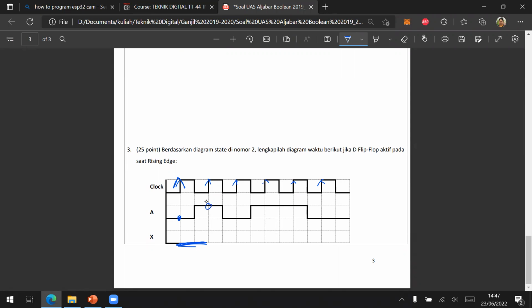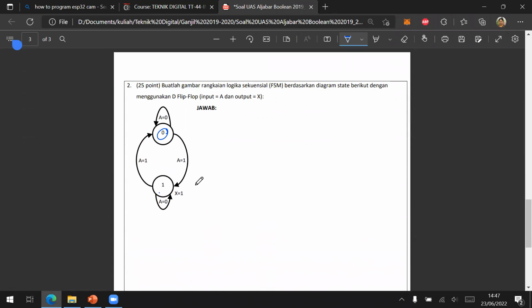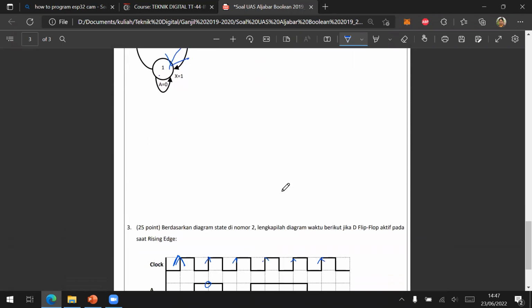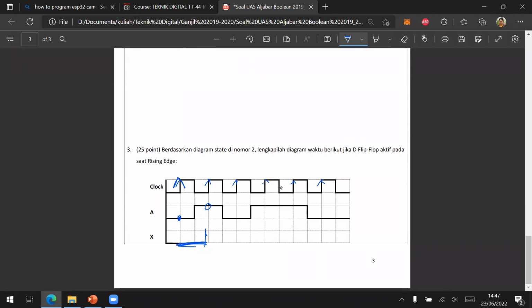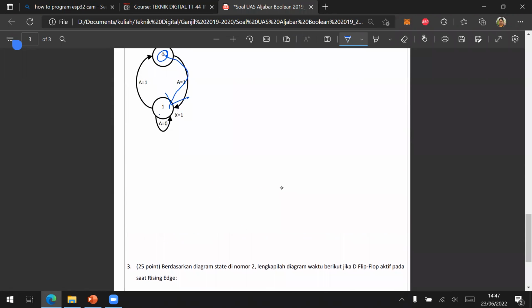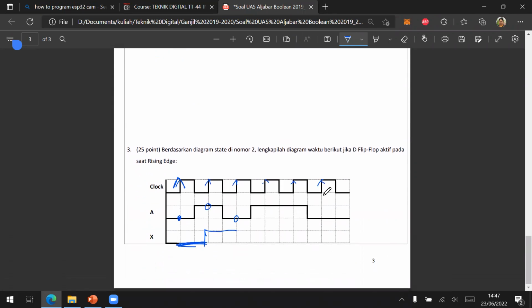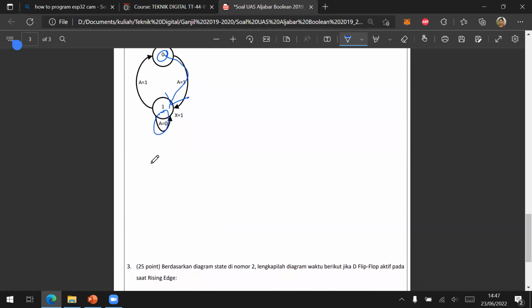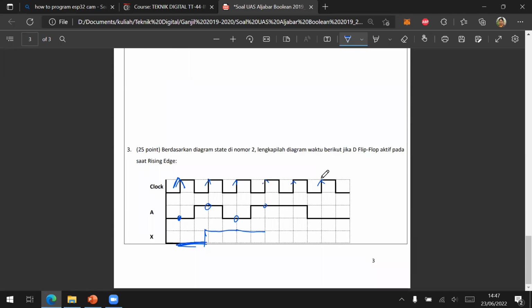On the next clock, A is 1. Because A is 1, it will change to here. So it will change to 1 until the next clock. On the next clock, A is 0. Because A is 0, 1 stays 1. Now A is 1. Because A is 1, it will change back from 1 to 0.